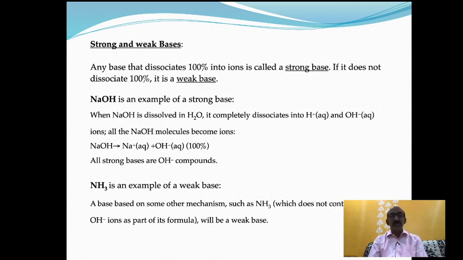Strong bases always contain the OH minus ion, but ammonia does not contain OH minus ion. Ammonia is a weak base. Okay, this is about strong acids and weak acids, strong bases and weak bases, the definitions and examples.